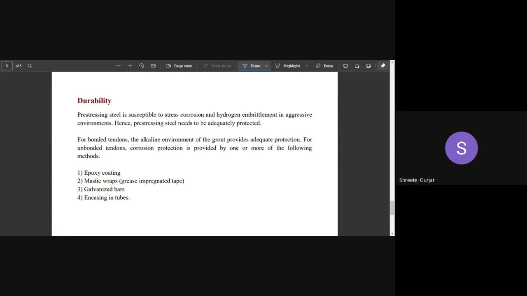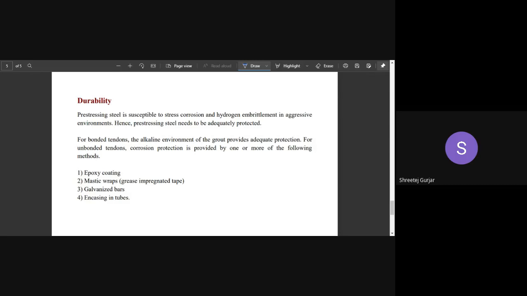An important property of our steel is that it should be ductile and not brittle. So whenever steel becomes brittle in nature and your load exceeds your limit, your member will have a sudden failure, right? It will have a brittle failure, and it will not deflect before failing.